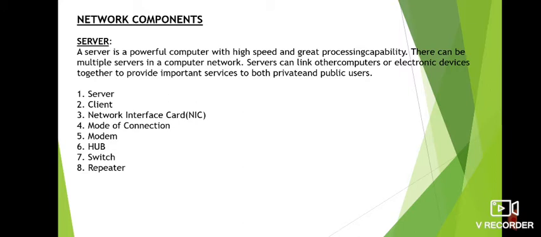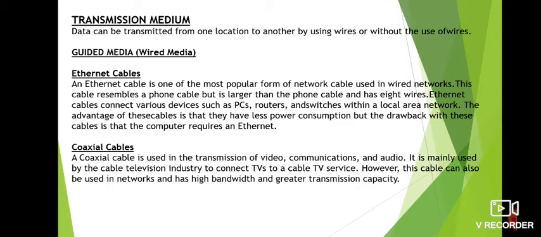Likewise, we have routers, gateways, and bridges. These all are the important networking components that we are using whenever we establish communication among multiple computers. Next thing that I'm going to discuss is transmission media or transmission medium.